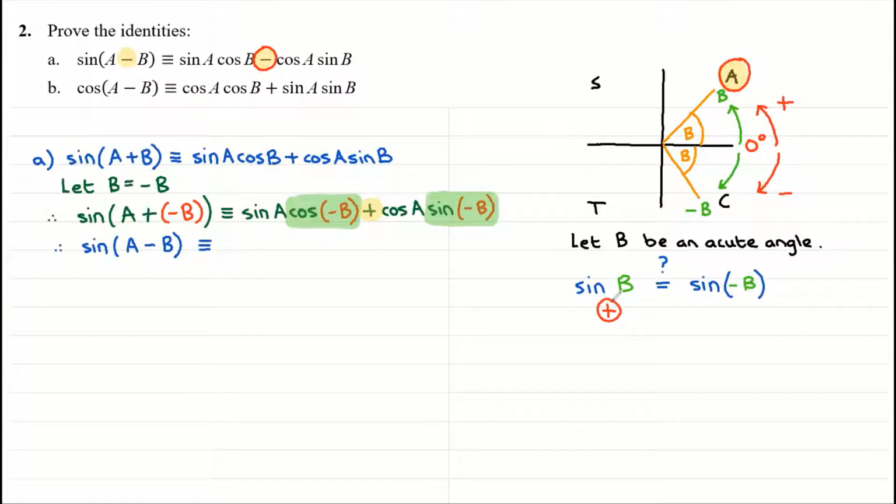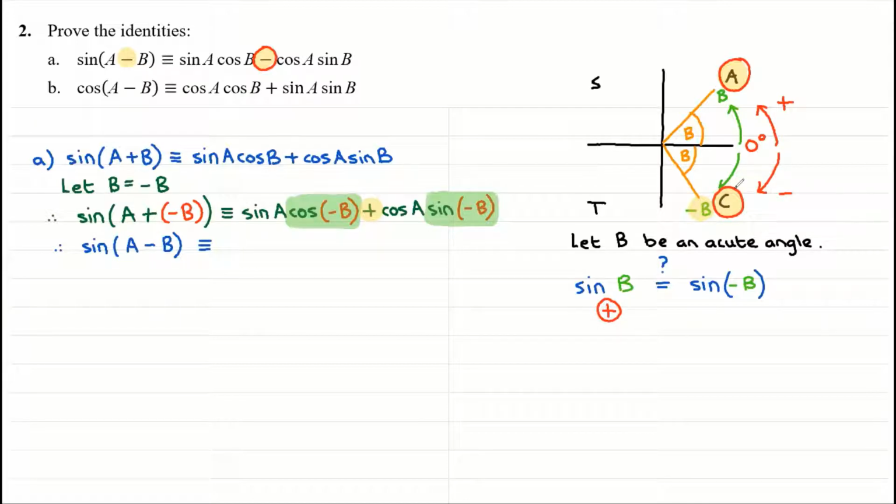Conversely, if we look at negative B, the angle I've just read off earlier here, that's in the cosine quadrant, and we know that only cosine is negative. I beg your pardon, let me say that again. That was a really important mistake that I just made.